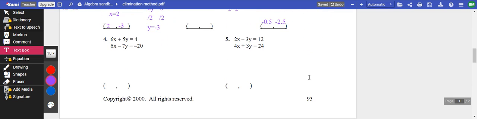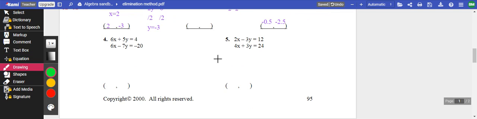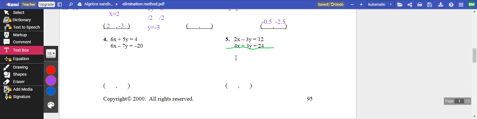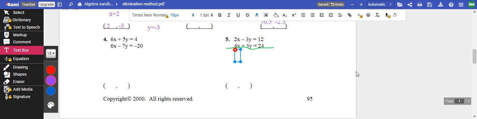Let's do number 5. We're going to add straight down again. 2x plus 4x is 6x. The y's cancel. 12 plus 24 is 36. 6 divided by 6x and 6 divided by 36 gives us x equals 6.